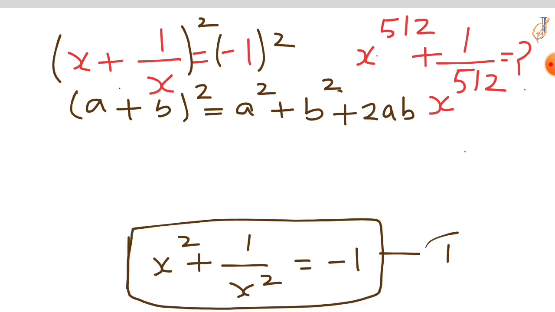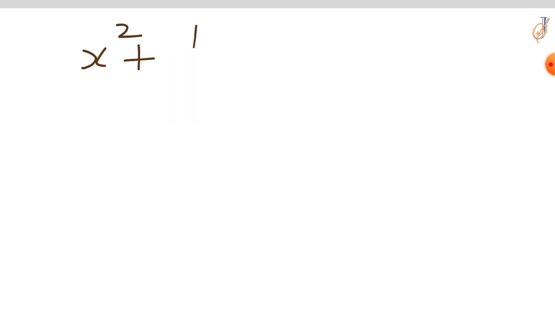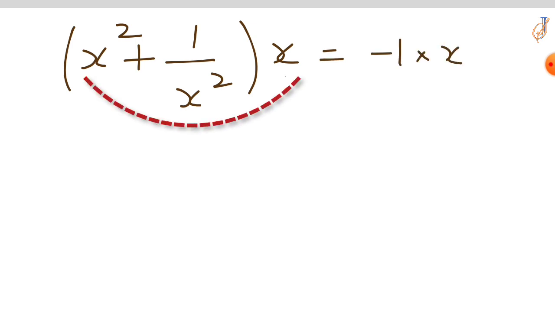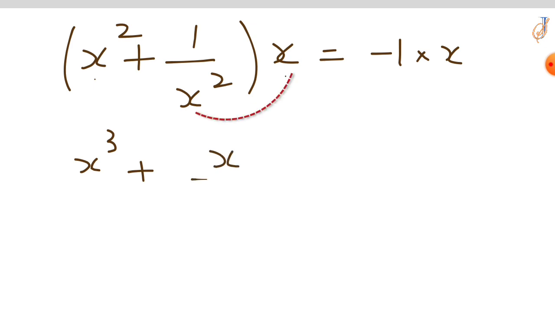Consider this as equation 1. If you multiply both sides of equation 1 by x, then x times x power 2 is x power 3, plus x over x power 2. Here one x cancels and we are left with 1 over x, that is equal to minus x.